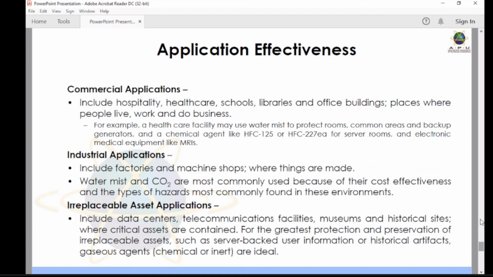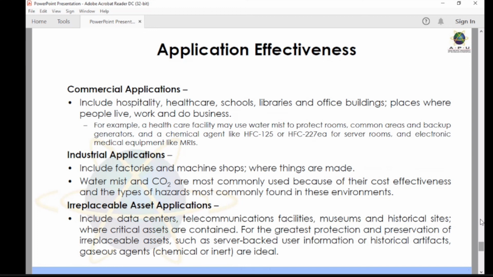In irreplaceable asset applications, like data centers, telecommunication facilities, museums, and historical sites where critical assets are contained, for the greatest protection and preservation of irreplaceable assets such as server data, user information, or historical artifacts, gaseous agents, chemical or inert, are ideal.